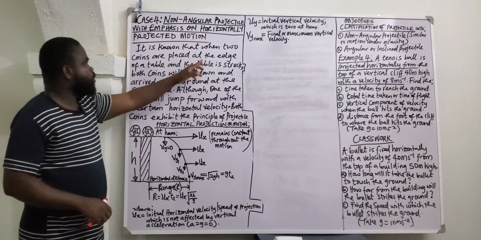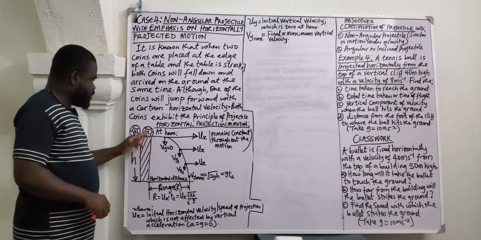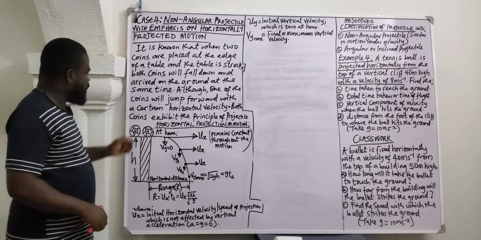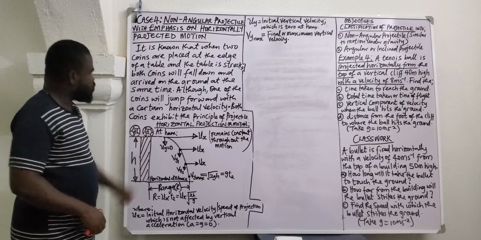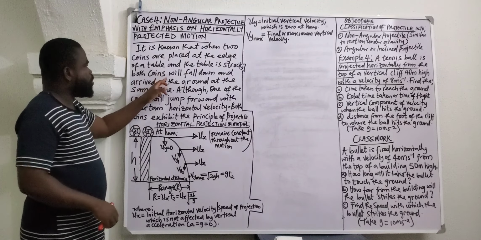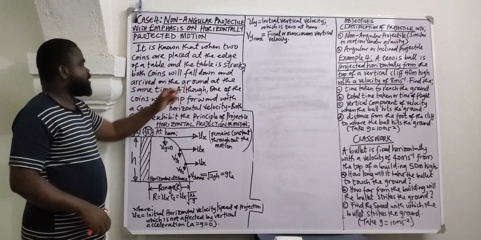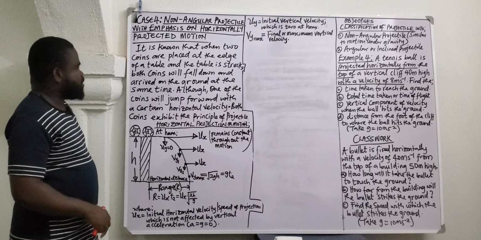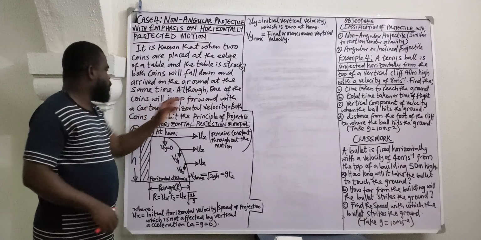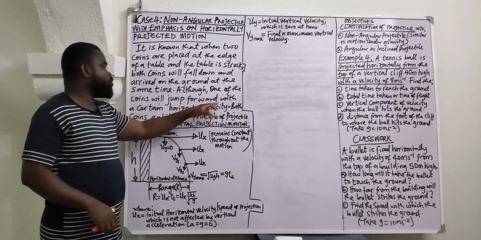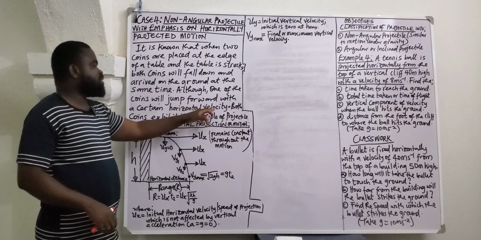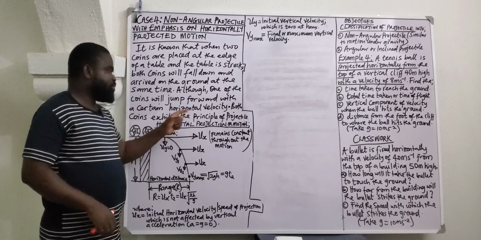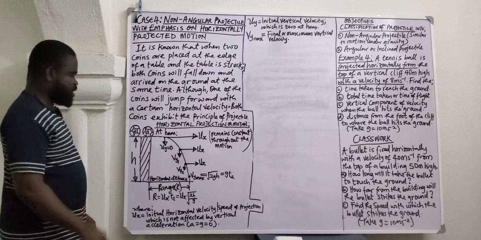If you have two coins, coin 1 and coin 2, placed at the edge of a table and the table is struck, both coins will fall down and arrive on the ground at the same time. We have established that time and again. Although one of the coins will jump forward with a certain horizontal velocity, both coins exhibit the principle of projectile.